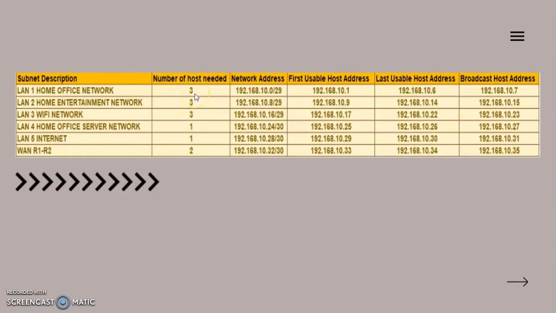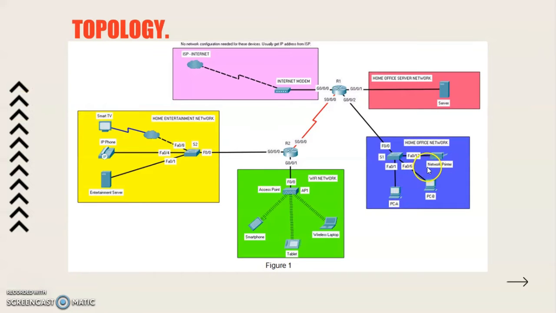This is because the number of hosts needed is represented as 1 for each user or device. The LAN home office network is 3 also, as you can see there is one network printer, PCB and PCA. So each device and user represents one host.